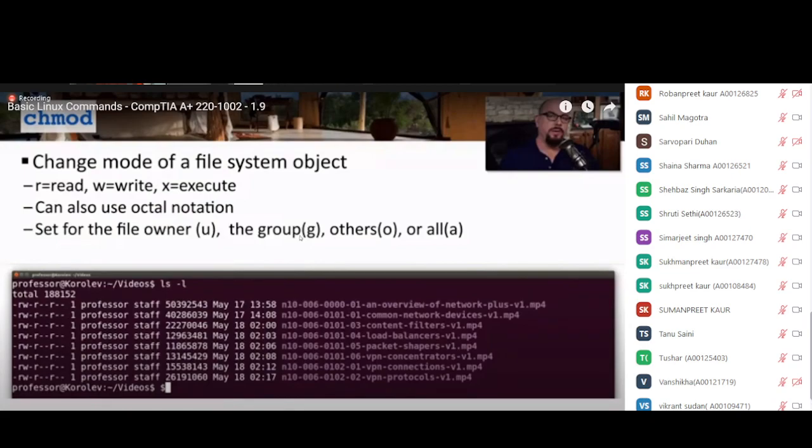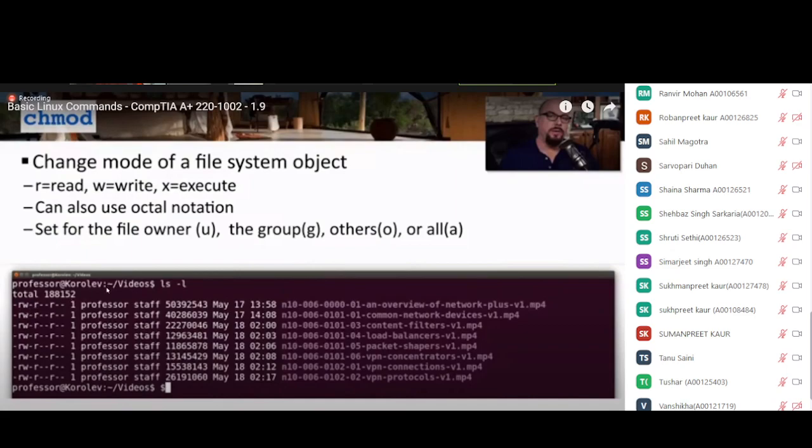So when we are going to execute, you have to look at this one. For example, what is this file? What permissions are given? RW. R means read, W for write.